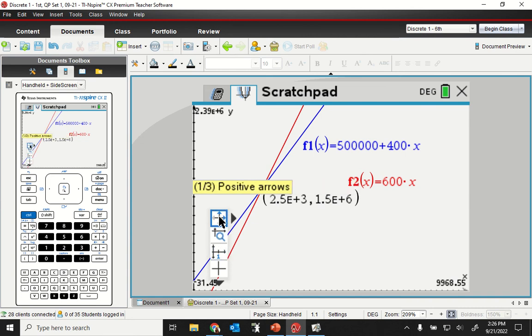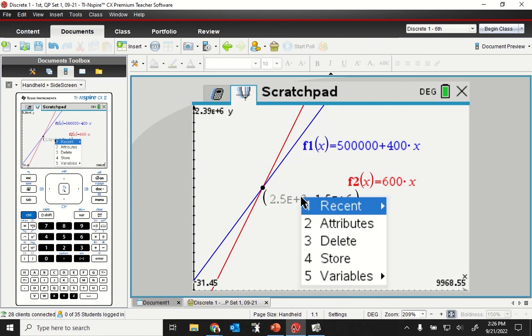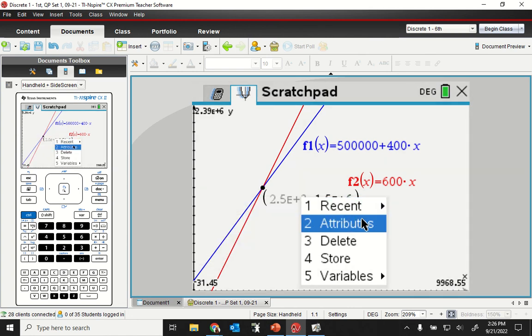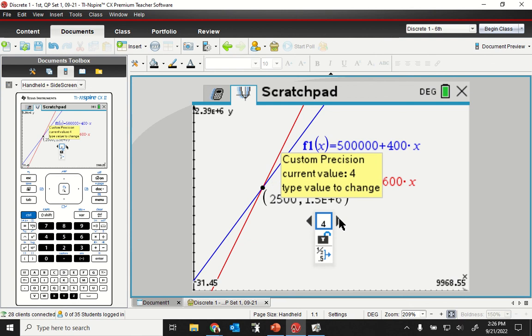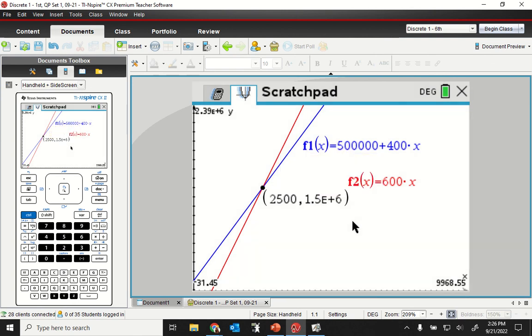Where'd it go? Why is this not doing it now? Attributes, there we go. And change this to be 6. Yes. Okay, I clicked on it.